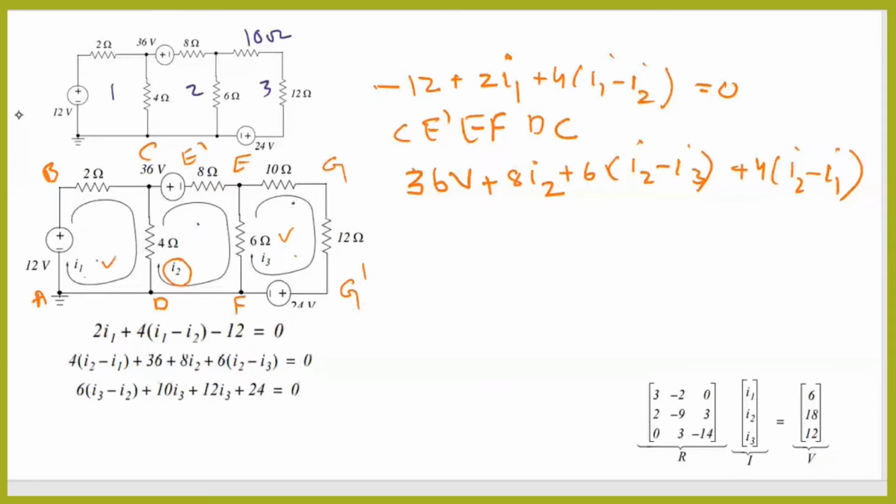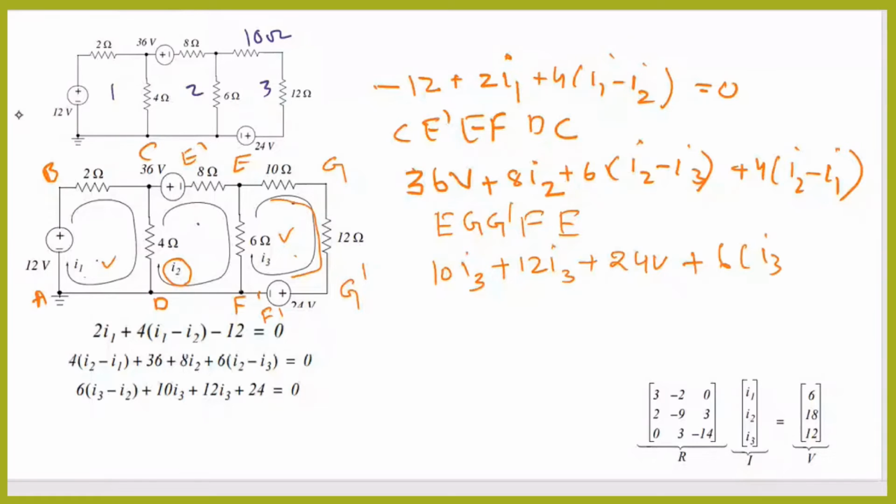From F dash to F, there is no element, and then F to E. So you have to follow the path E, G, G dash, F, E. So 10 into I3 plus 12 into I3, the same current is flowing in 10 and 12, plus 24 volts, plus 6 into (I3 minus I2) is equal to 0. So these are the three equations.